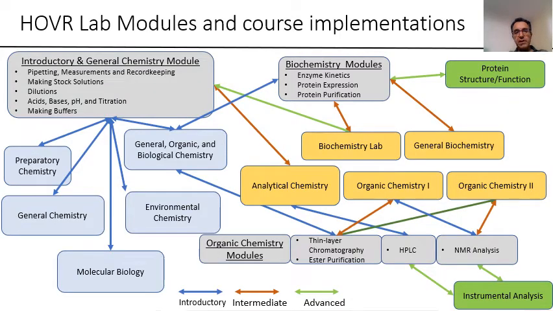We plan to create a total of 12 HOVR Lab modules and test them in a wide range of courses, as shown here, ranging from preparatory chemistry all the way to advanced analytical, organic, and instrumental analysis.